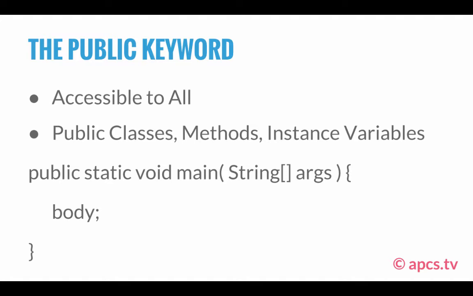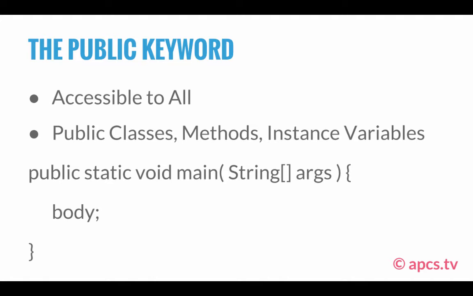Here's the main method declaration, which is public static void main, String args, and then the body in between braces. As you can see, it is using the public keyword. This means that this main method can be accessed by any different class or object. Right now we've been looking at different classes, and we really haven't started to create objects.